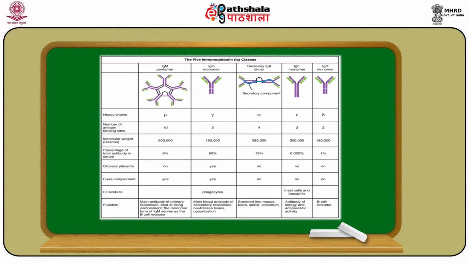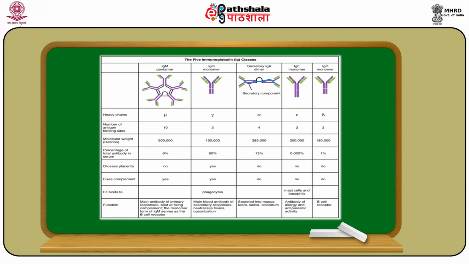It is the antibody released in primary response, that is, when the body encounters the first antigen. It cannot cross placenta. It is a good agglutinator and complement activator. It has subisotypes with minor functional differences as Ig1, Ig2, Ig3, and Ig4.